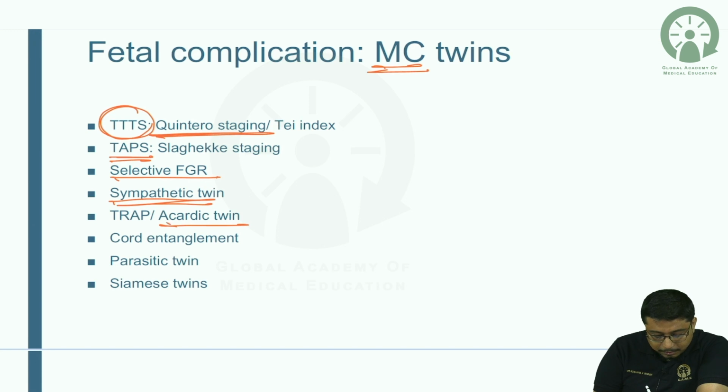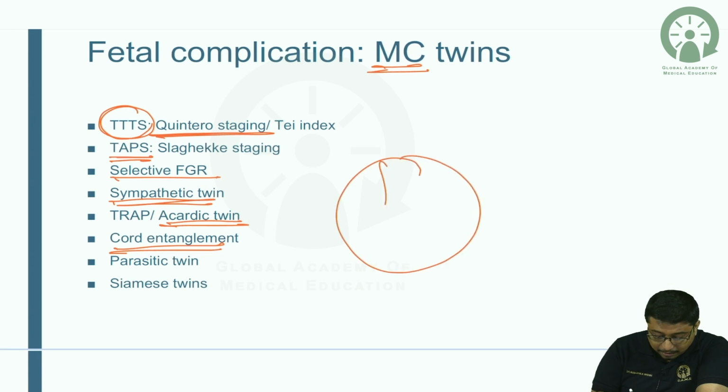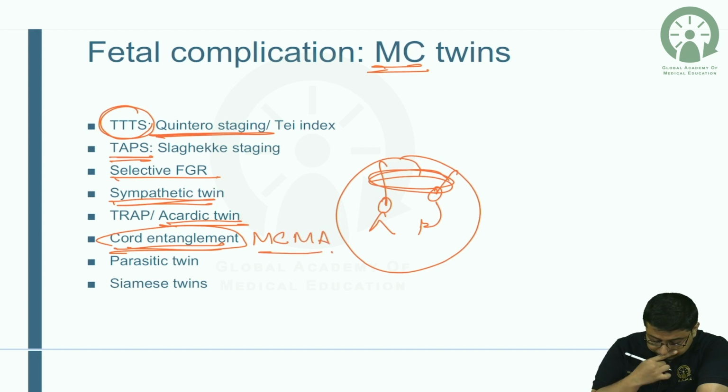There is something called acardiac twin, and in case of monochorionic monoamniotic, like one sac with two twins, cord entanglement can happen. So cord entanglement can happen only in monochorionic monoamniotic twins.